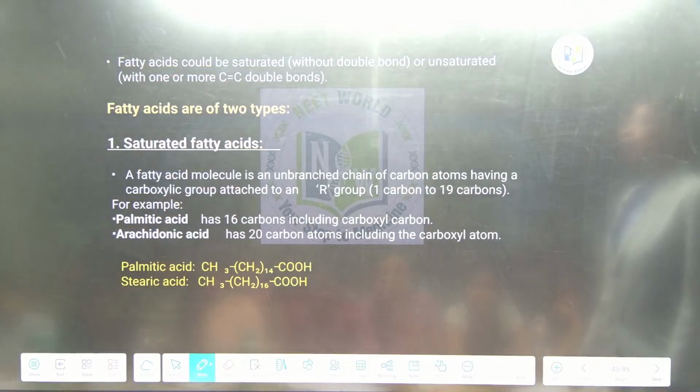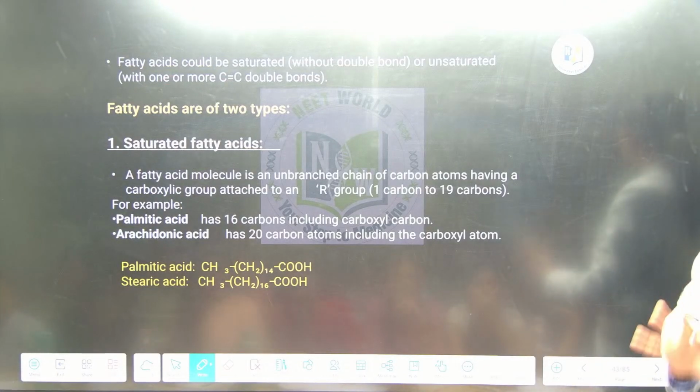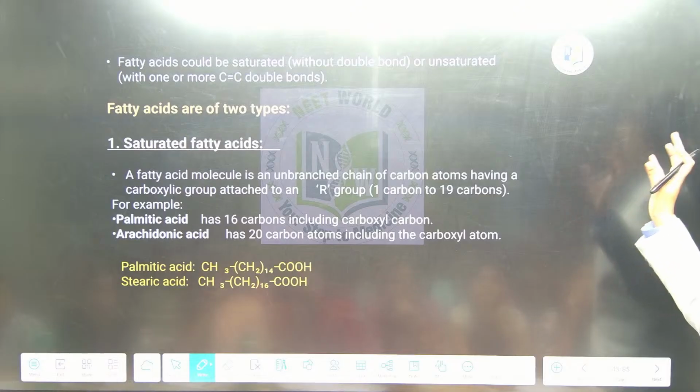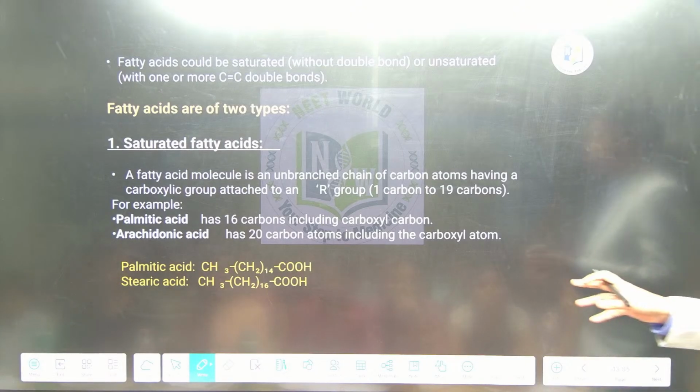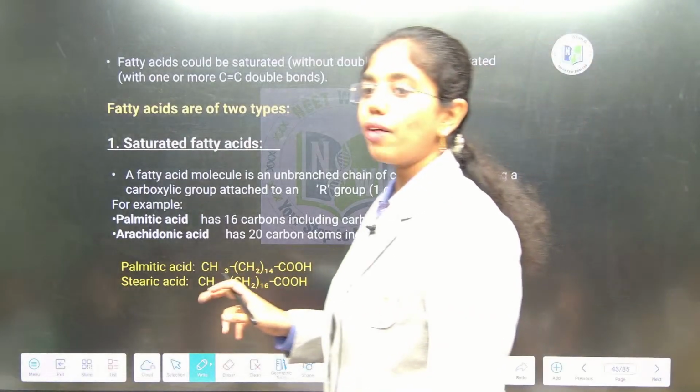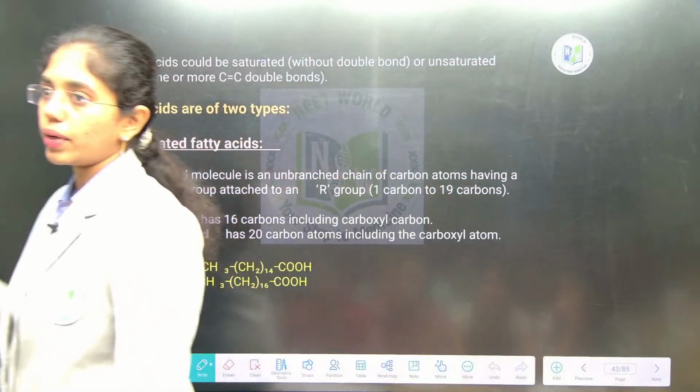Next, fat. You can copy it later, listen first, because we have to discuss enzymes as well. Fatty acids could be saturated or unsaturated. Saturated ones have only single bonds between carbon units.